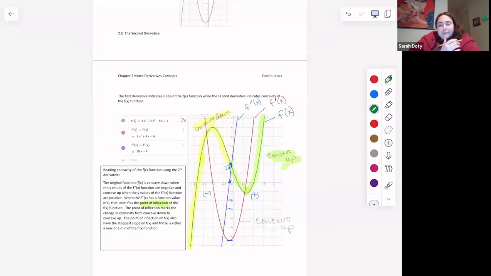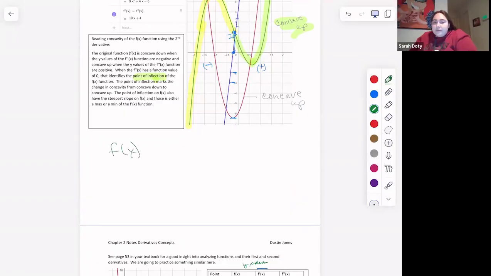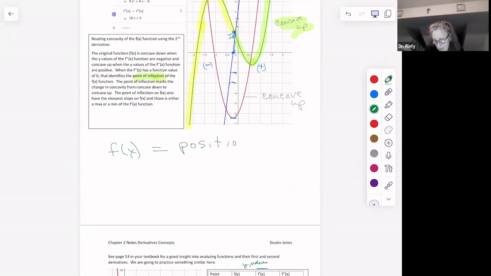Oh, and I should say too, a lot of times you use this in terms of a physics class. So your first function would be a position function, like that car that we talked about. And then your second function, f prime of x, would be velocity.